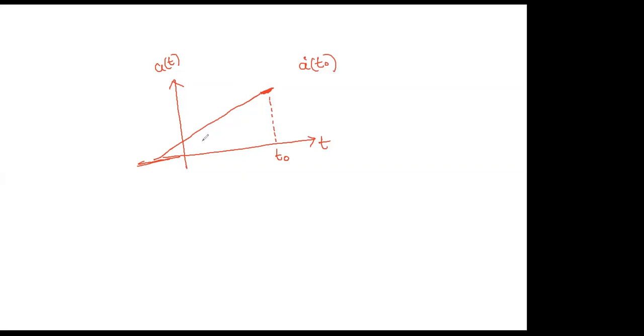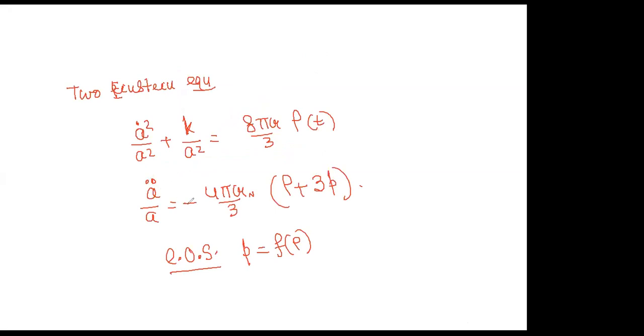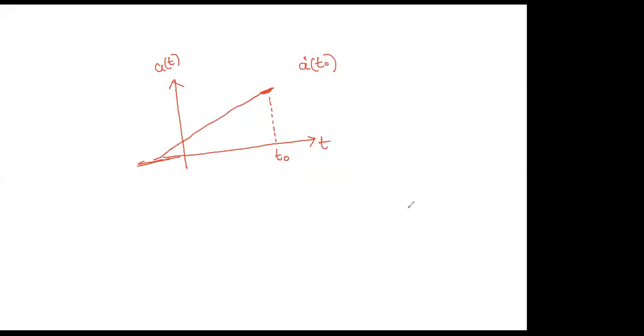Now, for normal matter and radiation, we already know that A double dot is negative. So if rho and 3p are positive, then rho plus 3p makes A double dot negative. That means if the universe has normal matter and radiation and everything, then at some point in the past it is bound to hit over here.